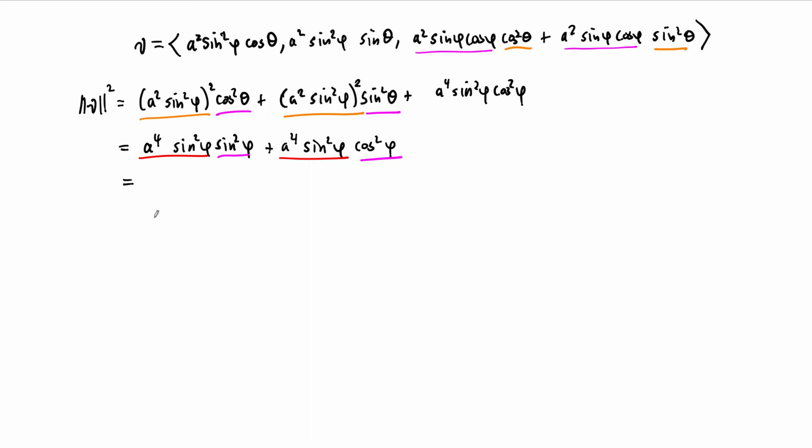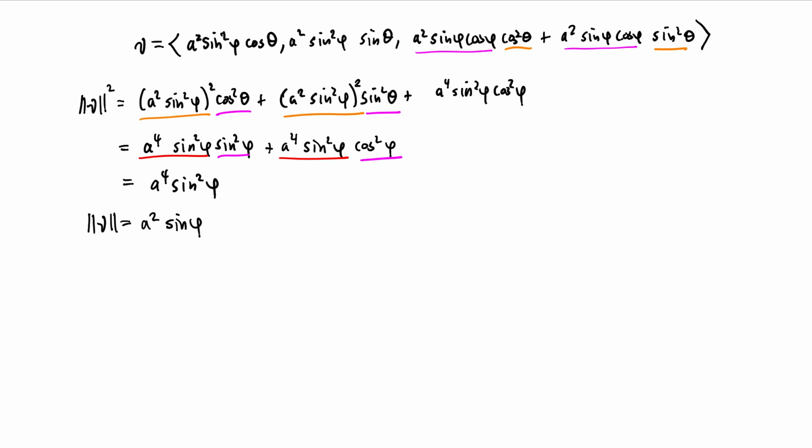And the length squared of our normal vector becomes a to the fourth sine squared phi. All right? And when we take the square root, we get that our normal vector is just a squared sine of phi. Okay? And so this is now exactly what we need to integrate up.